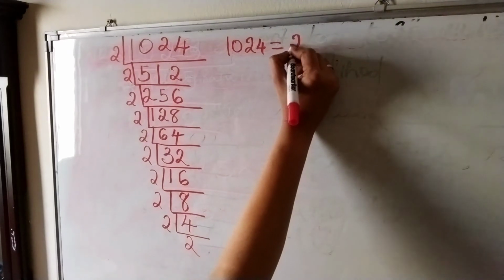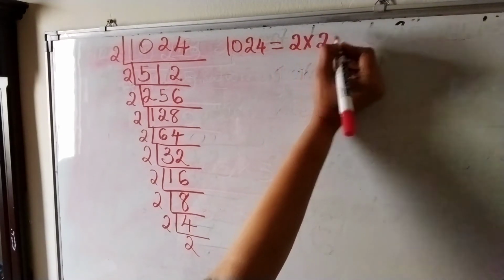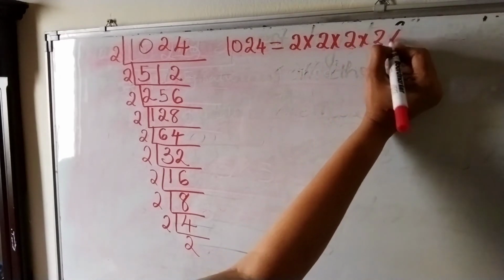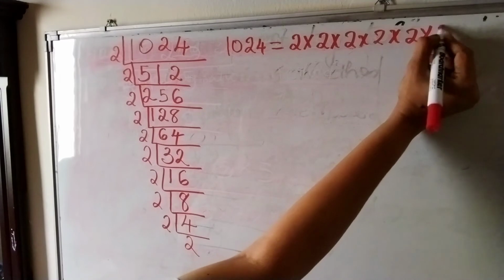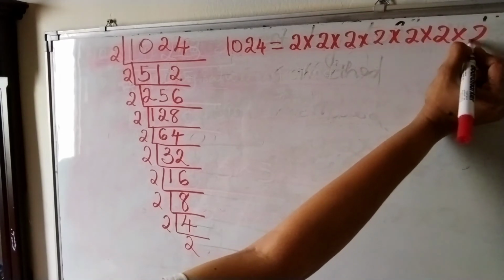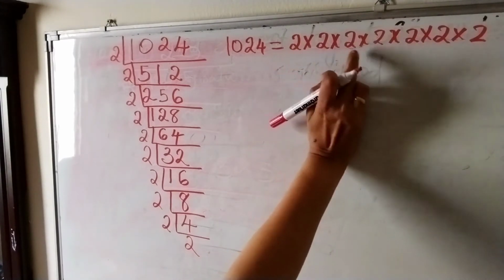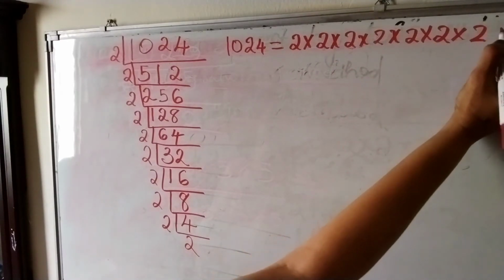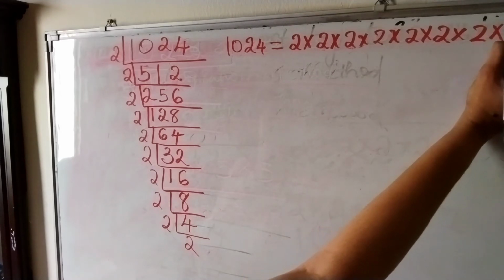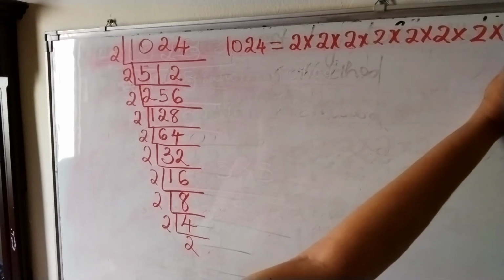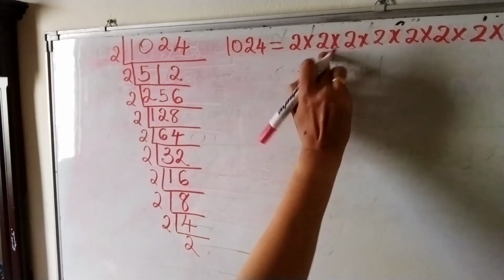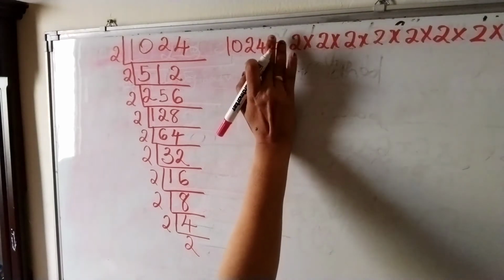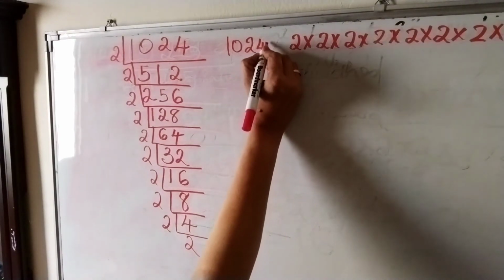So you have to write like this: 2 into 2 into 2 into 2 into 2 into 2 into 2 into 2 into 2. One more 2 we have to write. So we have to write like this.